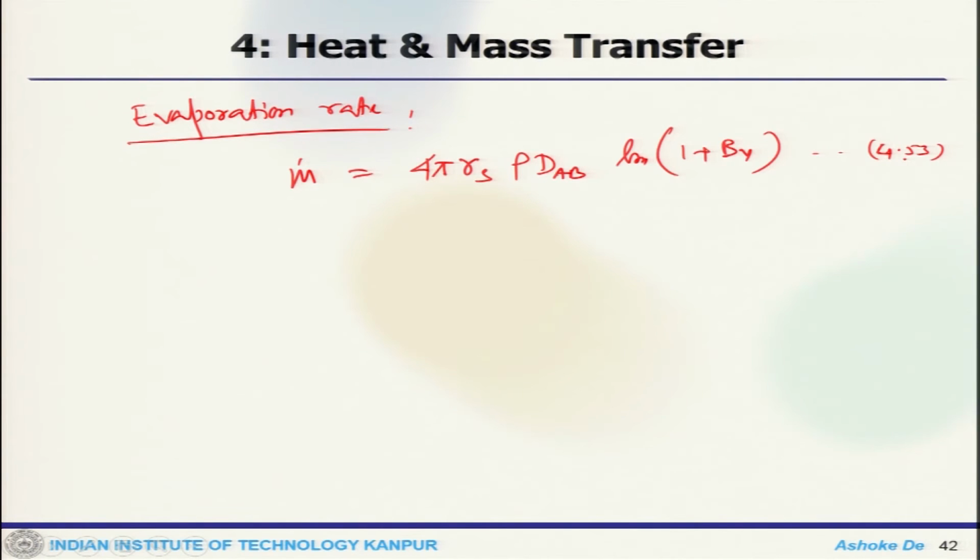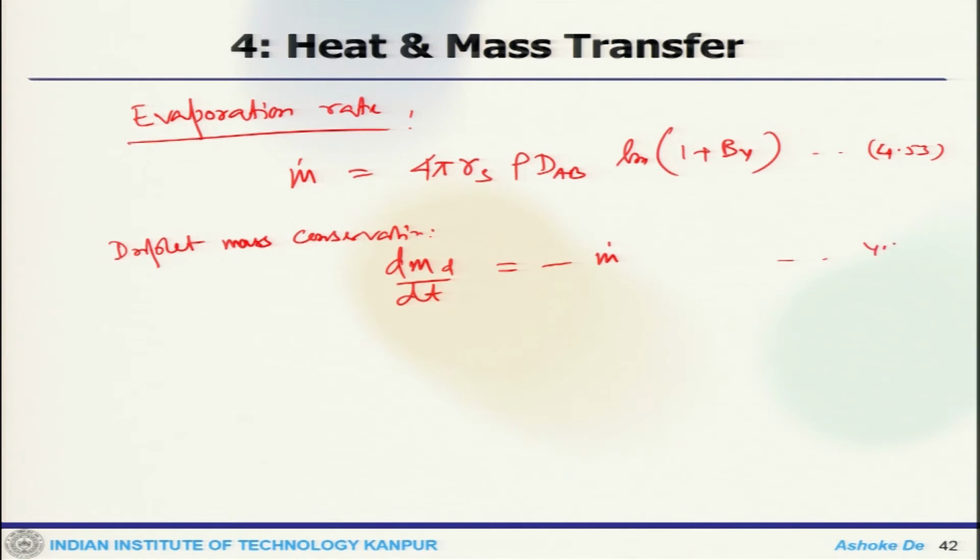Now, droplet mass conservation. That is also another thing. To look at that, the droplet mass conservation, we get dm_d/dt equals minus m dot.